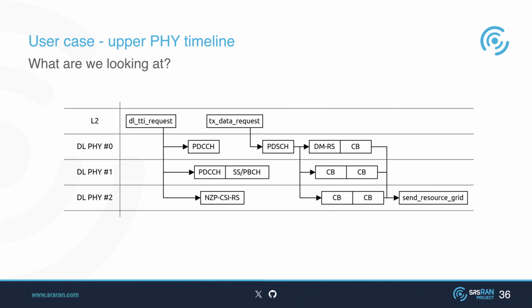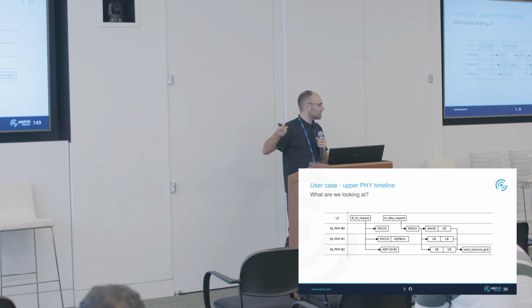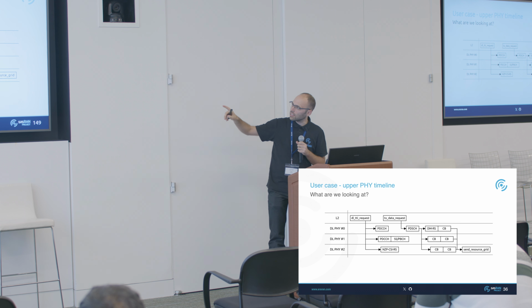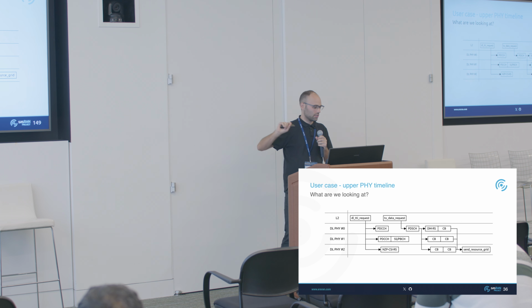At this point, we get all the tasks for the PDCCH, SSB, and non-zero power CSI, and we put all the signals on the resource grid. Then, up to the TX data request, we take the PDSCH transmission, break it into code blocks, fork it, and then join everything for sending the resource grid.